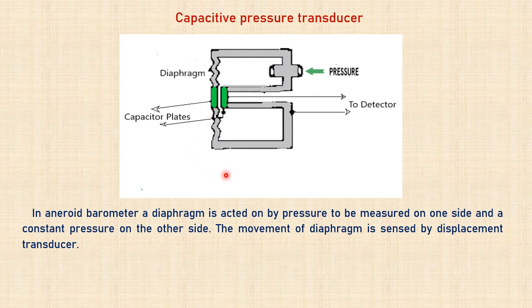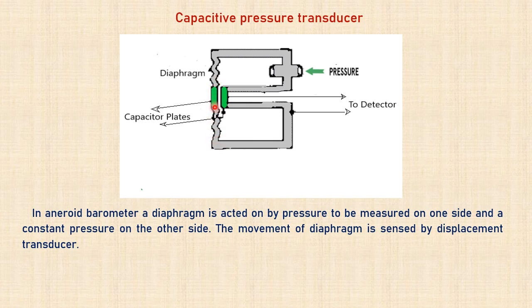So now when I send the pressure, or when I send some liquid or gas into this chamber, due to the pressure difference on either sides of this diaphragm, the diaphragm starts moving, or there is a mechanical deformation in the diaphragm.